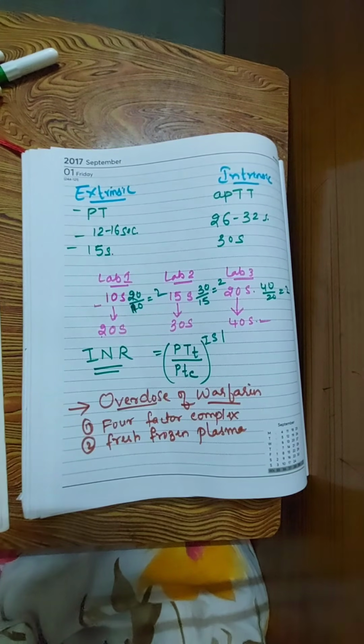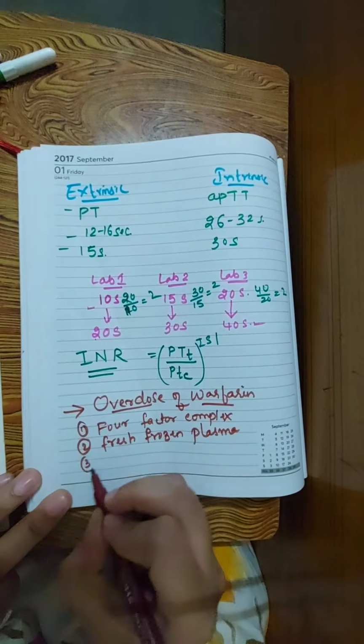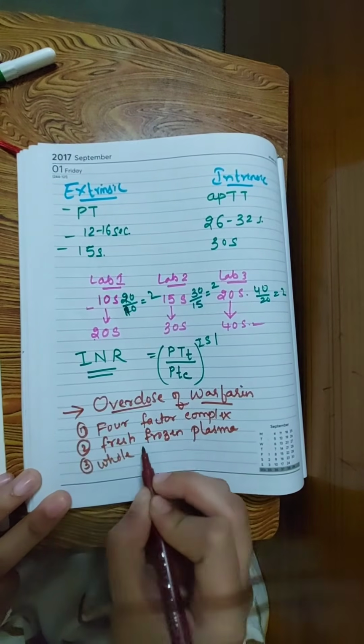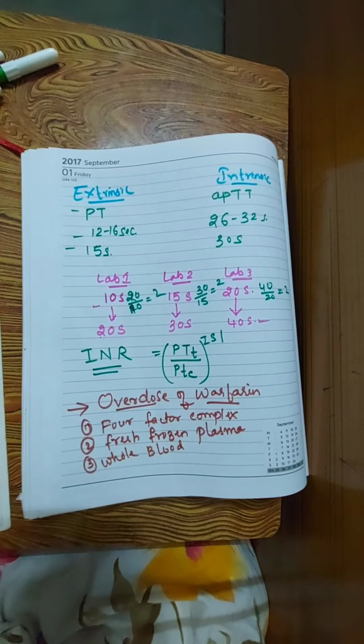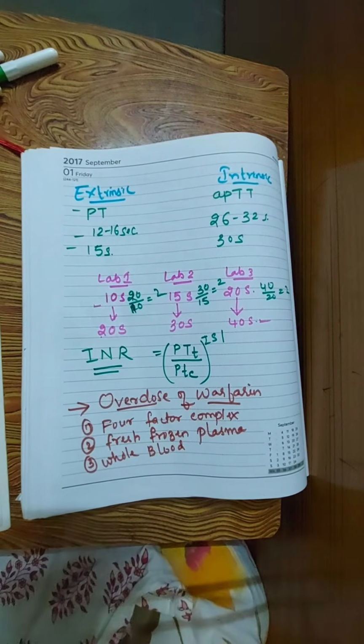And if plasma is also not available, then the last option is we could give whole blood. Blood means plasma and cells, so it also contains all the clotting factors. So this is how we can treat overdose of warfarin.